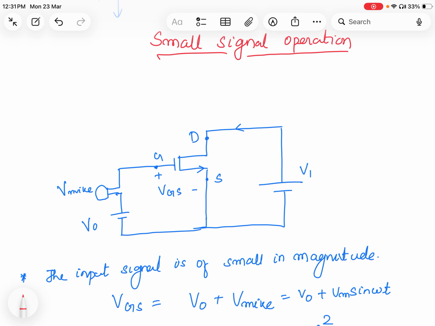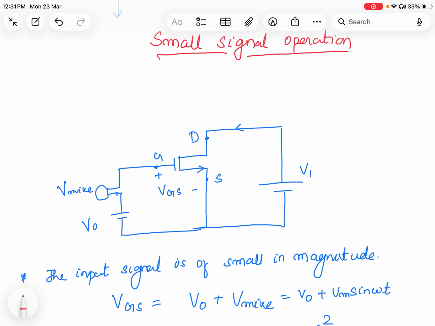Here, we are providing a DC voltage for biasing, and along with that, we provide a small AC signal, and we can check the behavior of the MOSFET for this small signal.